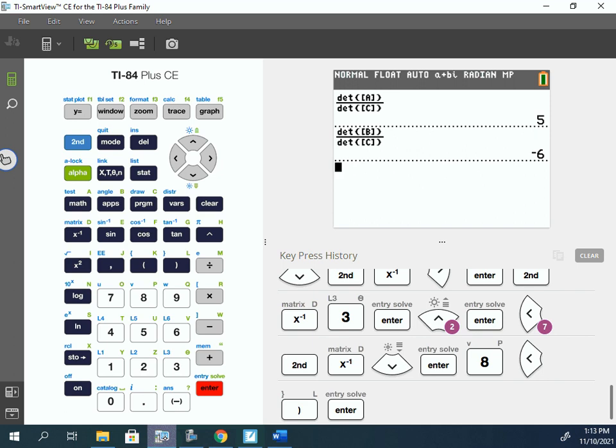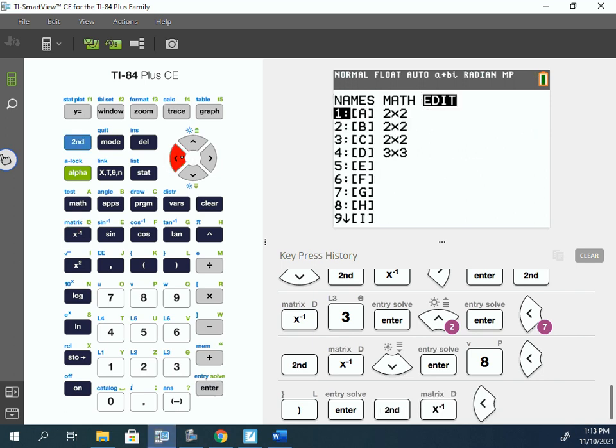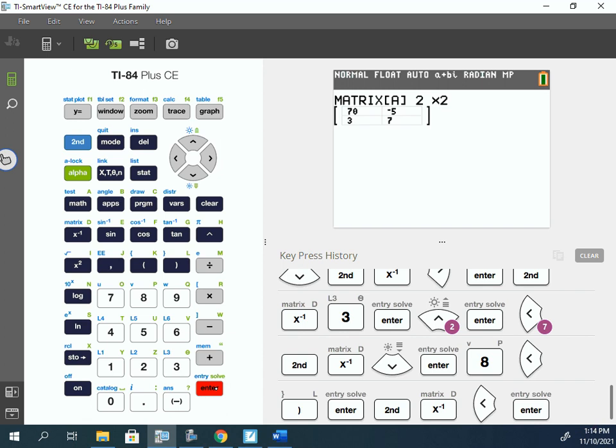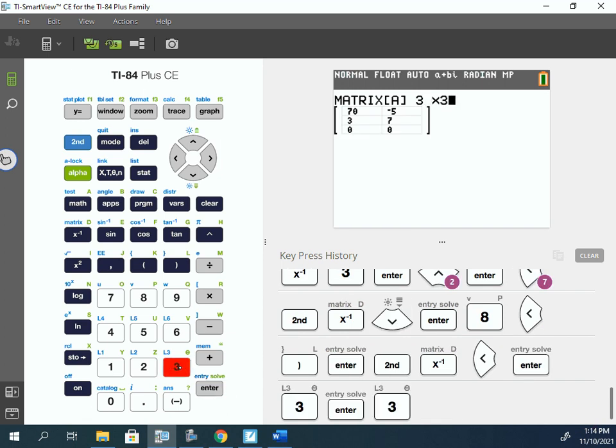Now we could type this into the calculator and do the same thing. I just copied it over there so I have them written down. So we plug it into the calculator. So second matrix, over to edit matrix A. This time we have a 3 by 3.